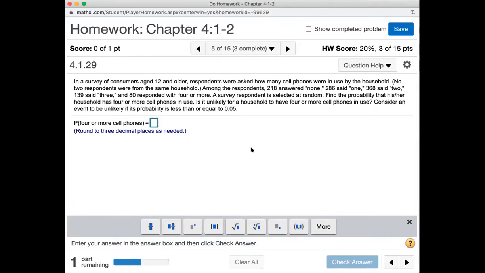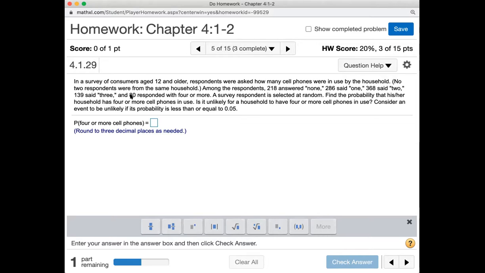All right, next problem, question number 5. The question is to find the probability that his or her household has 4 or more cell phones in use. Here, 80 people responded with 4 or more cell phones. So 80 out of the total number of respondents, which is 218 plus 286 plus 368 plus 139 plus 80.